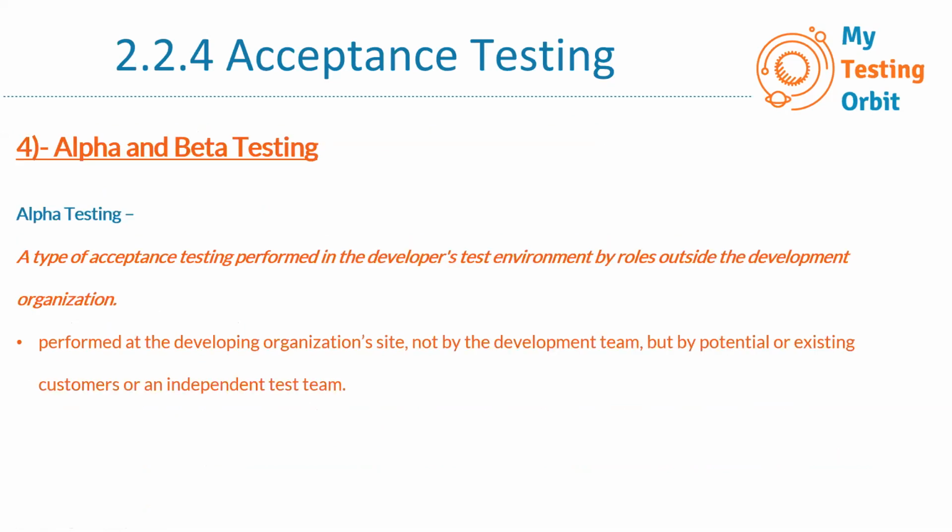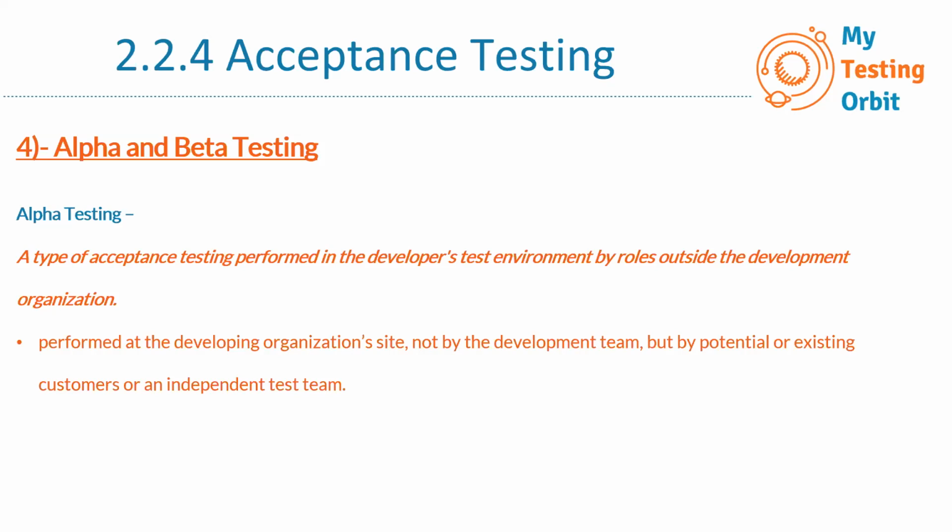So this brings us to the last type of acceptance testing, which is alpha and beta testing. So what is alpha testing? It is a type of acceptance testing performed in the developer's test environment by roles outside the development organization. When we say outside the development organization, over here, we are talking about the project team which developed that specific project.